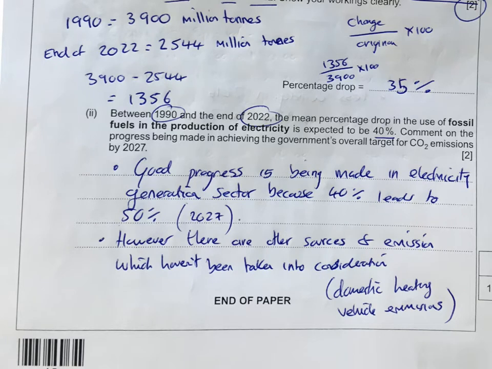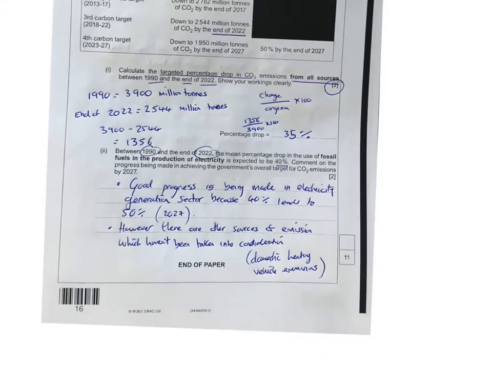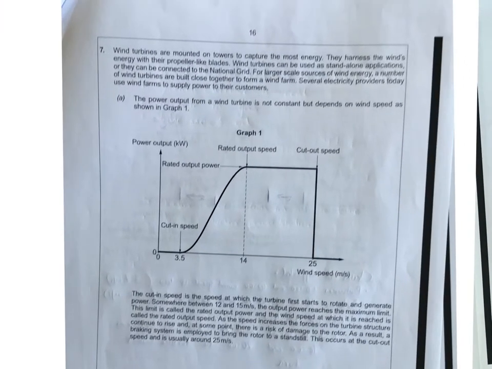However, because the question says the government targets emissions, what is a comment on the progress being made? I've said, however, there are other sources of emission which need to be taken into account. So not just emissions released by the power stations, but domestic heating and vehicle emissions, people driving around in cars, things like that. Really hard question, though.